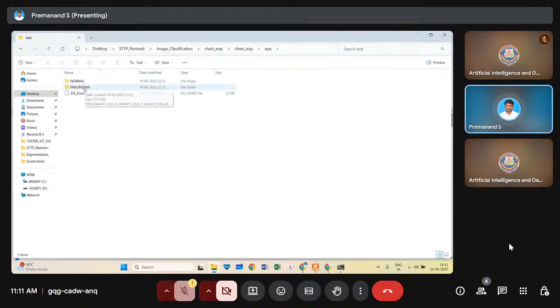What is the difference between test data, train data, and validation data? For all three categories, we have labeling, but still we have these three different categories, right?